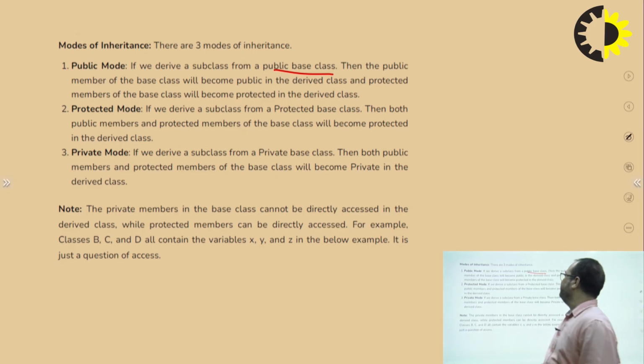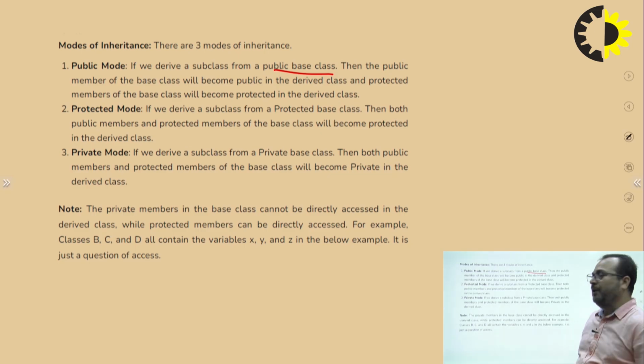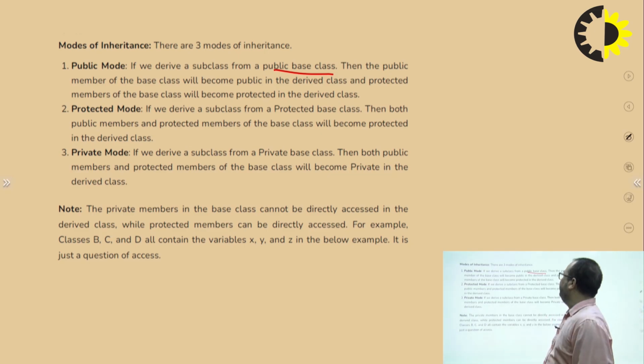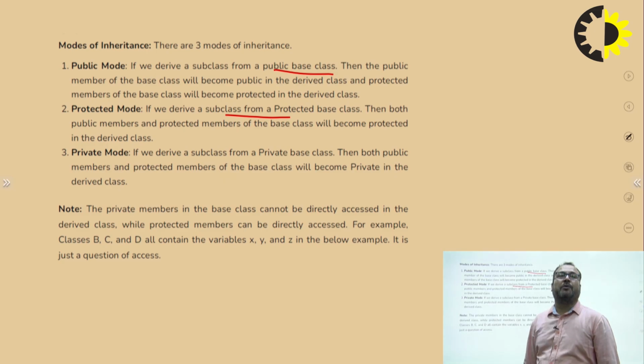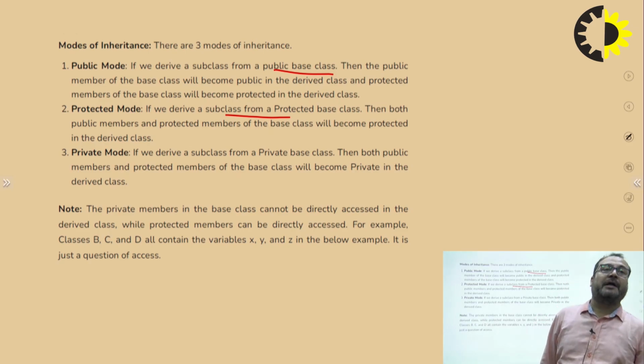The next one is protected mode. If the mode of inheritance is protected, so if we derive a subclass from a protected base class, then both public and protected members of the base class will become protected in the derived class. And private you can consider just like 0. Once you multiply 0 with anything, it becomes 0.